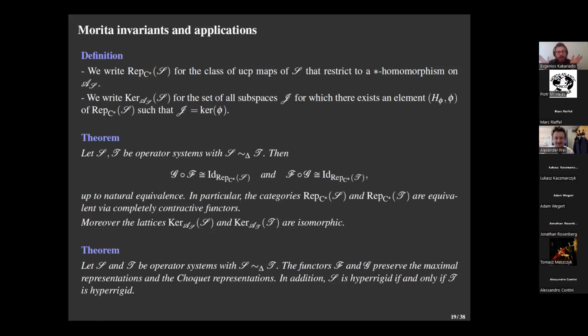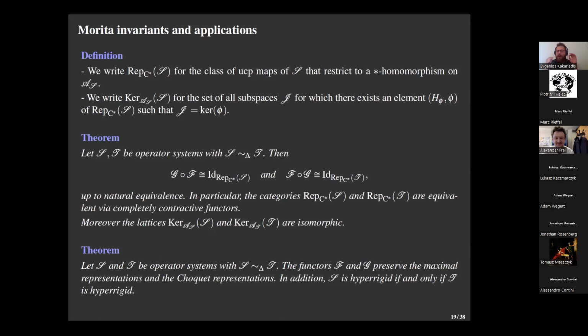It appears that delta equivalents preserve maximal representations, and in particular, they also preserve the subclass of Choquet representations, which are representations that give non-degenerate representations of the system. And also, it preserves hyperrigidity, which means that representations of S are somehow, well, have unique, completely positive extensions that are star homomorphism.